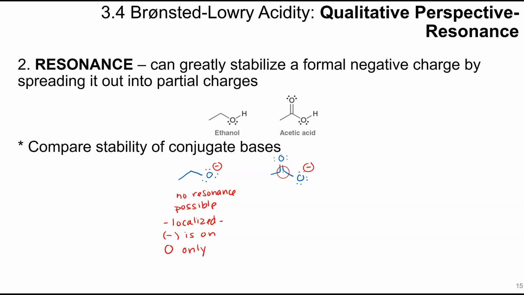In this case, we have an sp2 carbon and another oxygen atom. So this electron pair can come in here, and we can draw resonance structures where electrons go onto the oxygen. We can draw resonance here. And it's spread out over the 3 atoms.